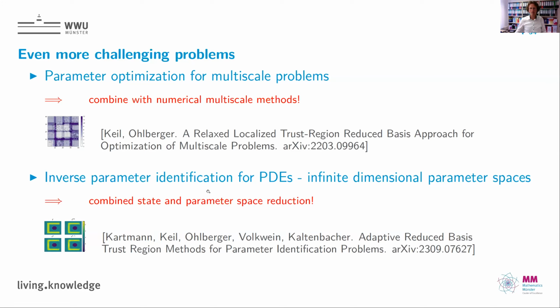In this context, we exploit that we can devise not only a method to reduce the approximation space for the state, but we can also reduce the approximation space for the parameter, because in the end, in this infinite dimensional space, you want to find just one point. And this gives you the possibility to do a very efficient reduction.